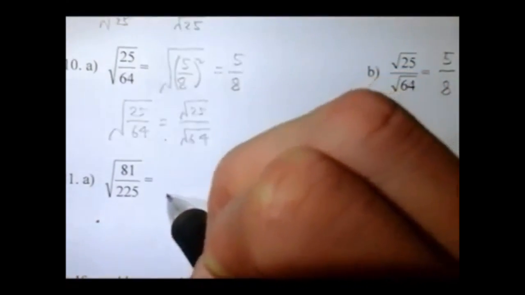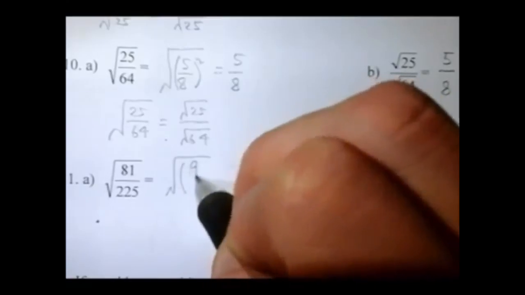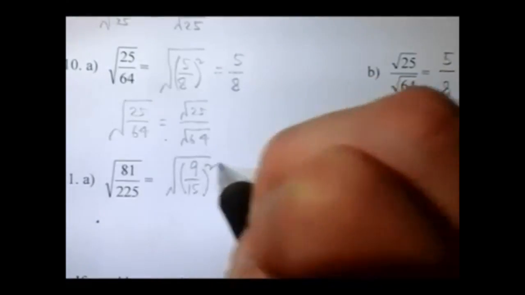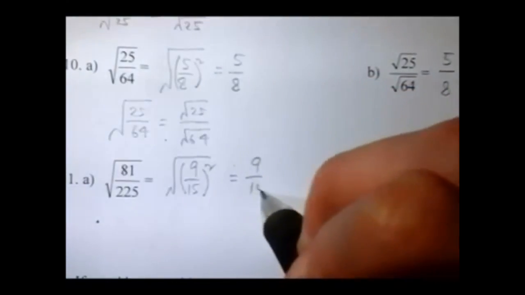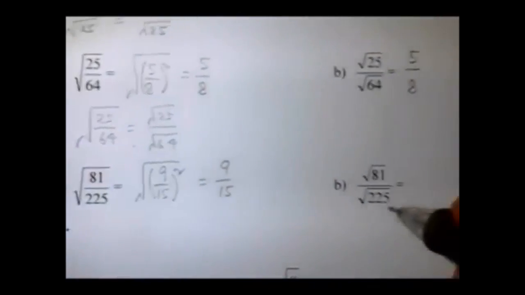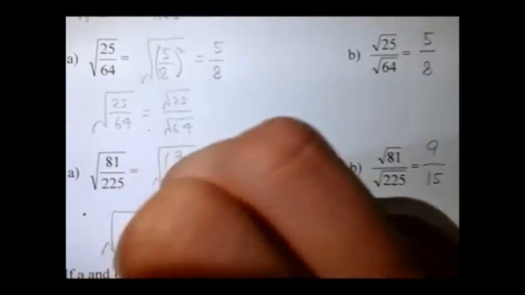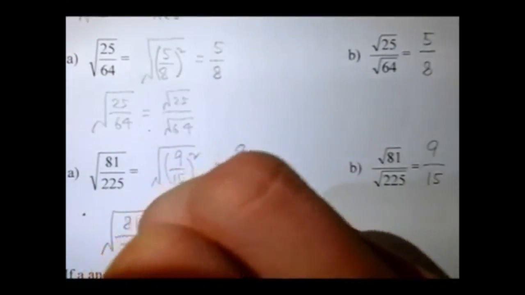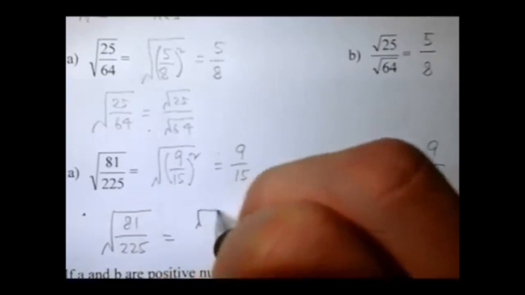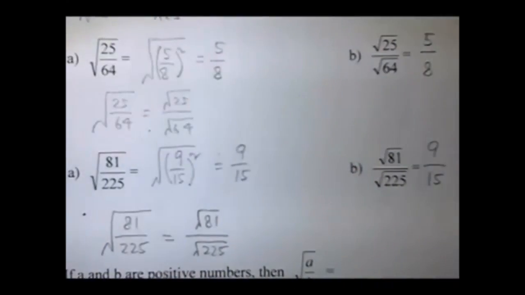The final one can be written as 9 over 15 squared, so this one will be equal to 9 over 15 directly. So that's why root of 81 over 225 is equal to root 81 over root 225.